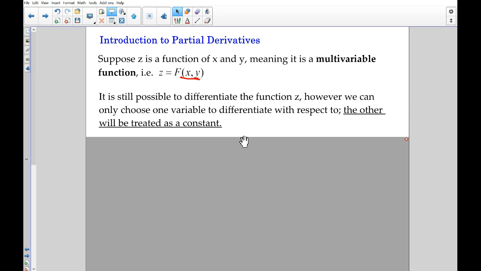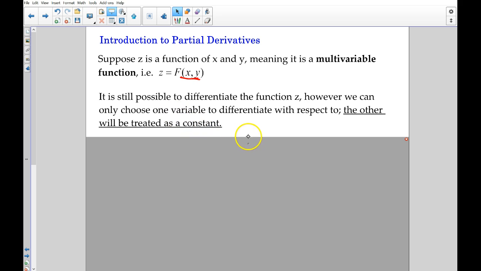We can differentiate to our heart's desire. The only thing is, though, that partial derivatives are just that, in that we can only look at part of the change. So we can only look at how fast the output is changing with respect to a single input. There exist other methods where you can look at the entire change, but that's going to be outside of this course.